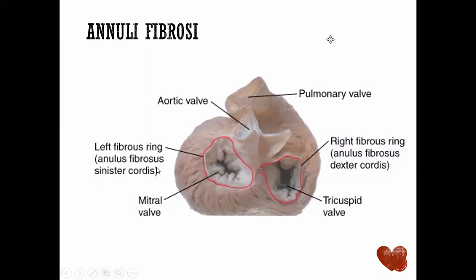Annulus fibrosus left, sinister cordis. This would be your right fibrosis, dexter cordis. And then you have your tricuspid, and then you have your aortic valve and the mitral valve.